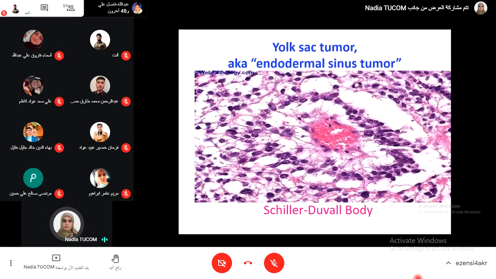The characteristic microscopical picture is a rosette-like structure called Schiller-Duval body. It also presents as a mass in a young boy. Yolk sac tumor is a malignant non-seminomatous tumor of the testis.